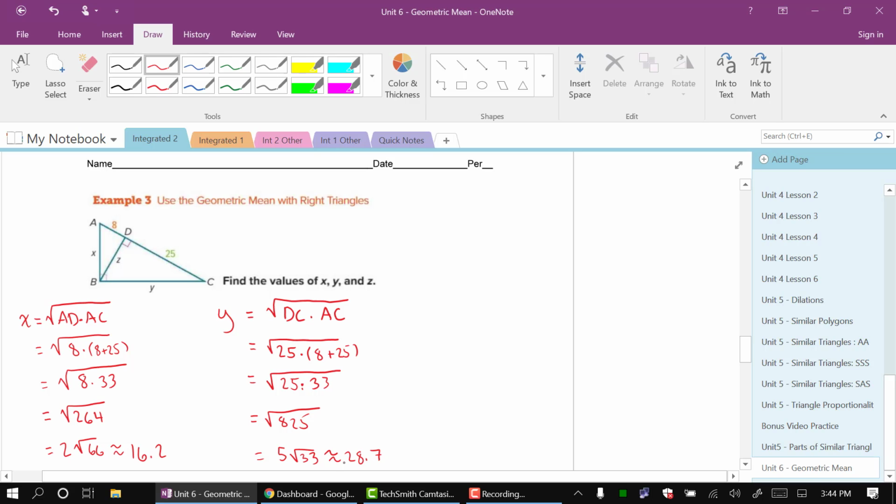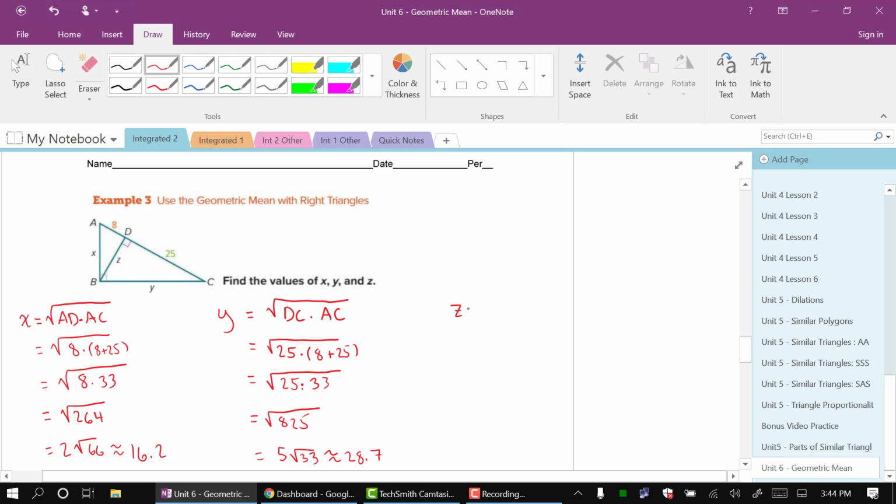Now let's find z. So z is the measure of the altitude drawn to the hypotenuse. So the altitude drawn to the hypotenuse of the triangle ABC. So z is the geometric mean of the length of the two segments AD and DC.